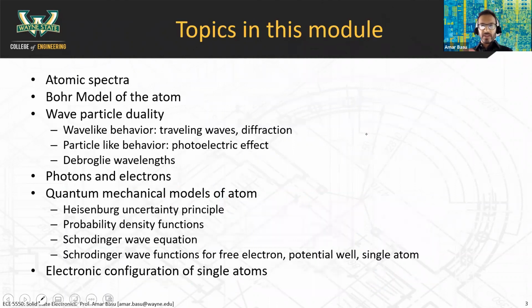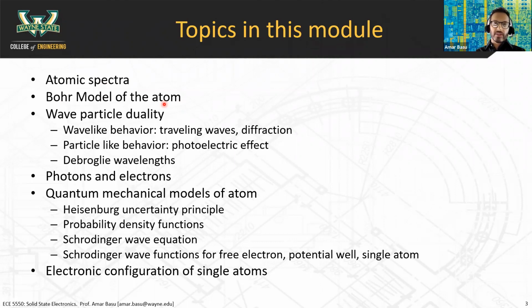All right, so the specific topics we're going to cover in this module. We're going to start with the atomic spectra. And then we'll talk about how the atomic spectra led to the Bohr model of the atom. Niels Bohr came up with a model of the atom in the late 1800s, early 1900s. And then that remained our main model for the atom for many decades.